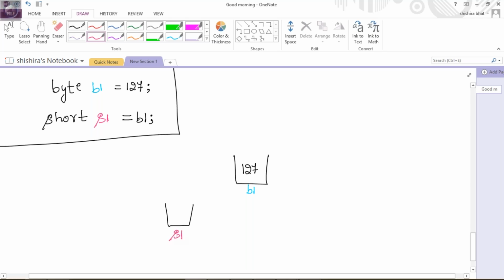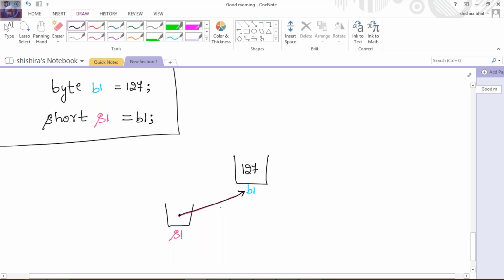In some programming languages, when you say short S1 equal to B1, S1 may simply start pointing to B1. That could happen in some language, but not in Java.